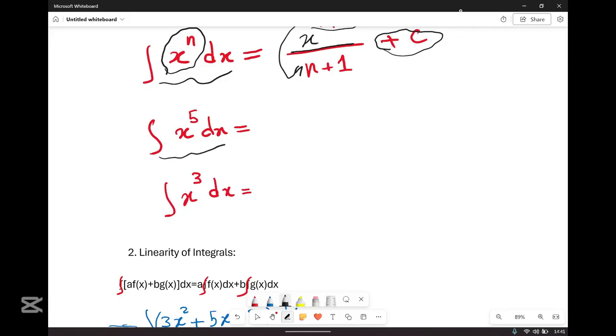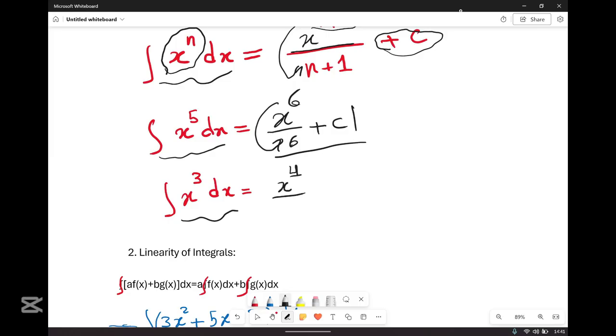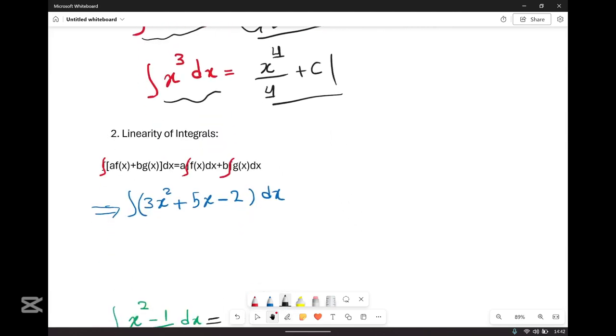In here, x power 6 is x power 7 divided by 7 plus c. Another one, guys, it's so simple, absolutely: x power 3 is x power 4 divided by 4 plus c.